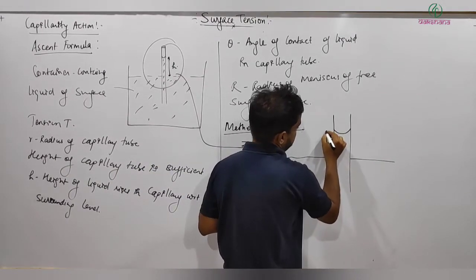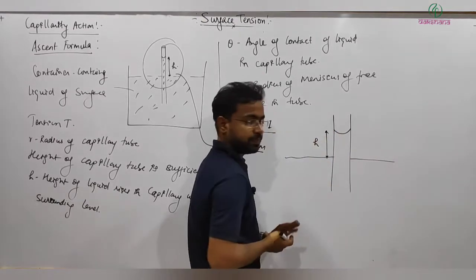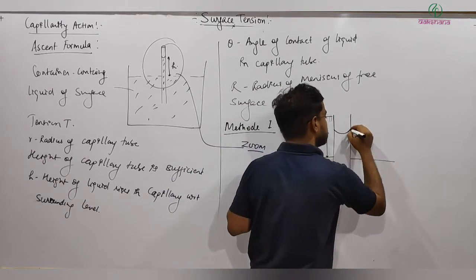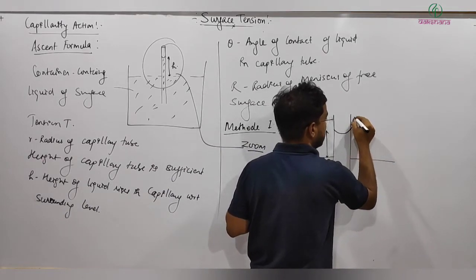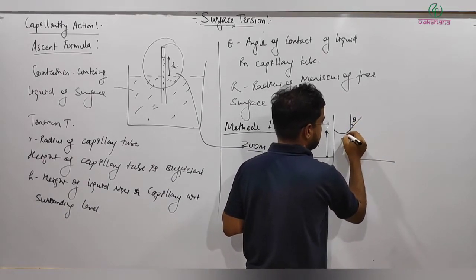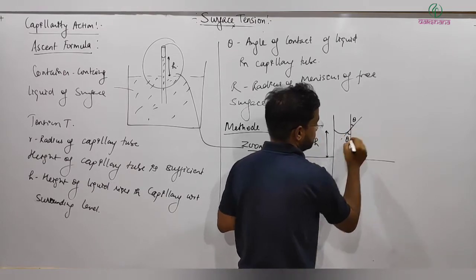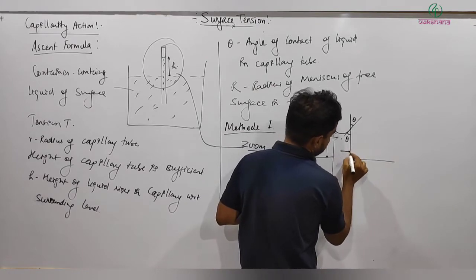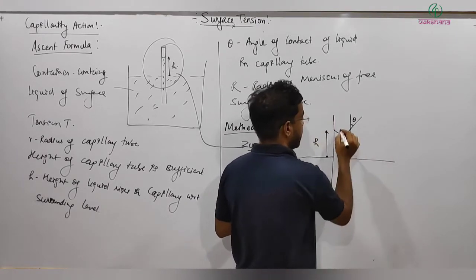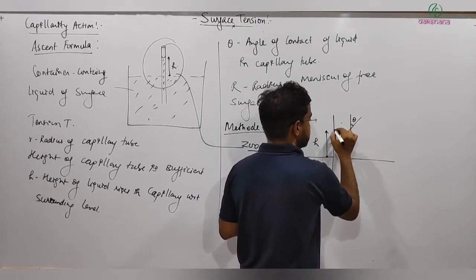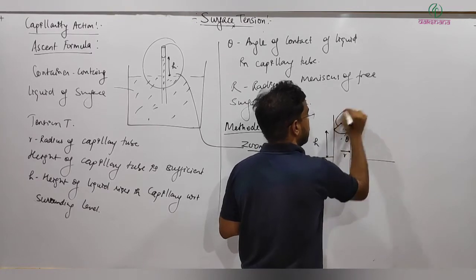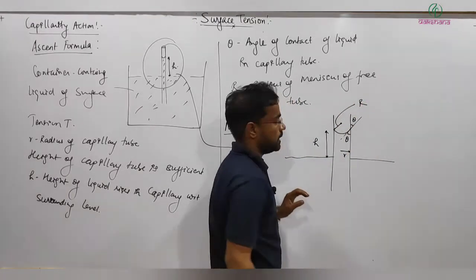This height I am taking is h. Here the angle of contact is theta, and this will also be equal to theta. This is the radius of the capillary, small r, and if this is the center, then this is the radius of curvature, capital R.